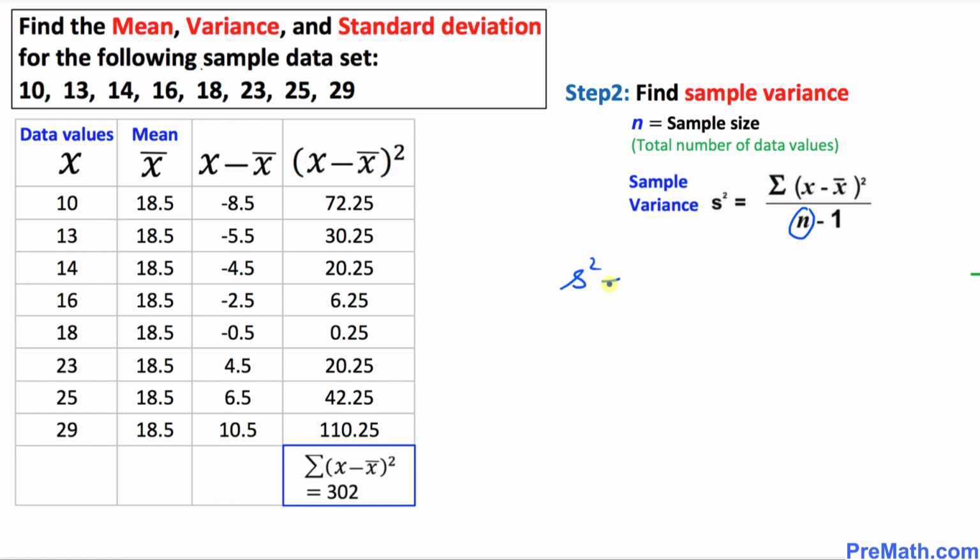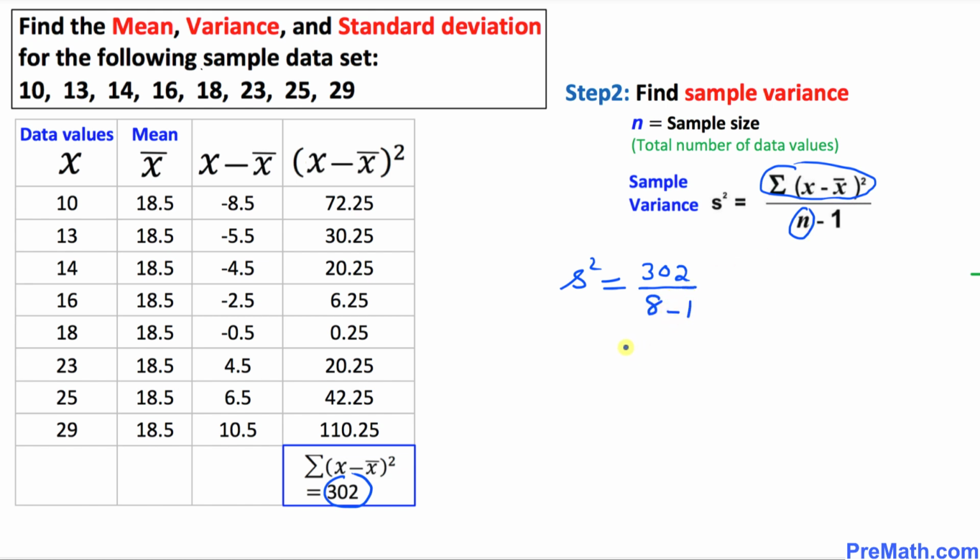S squared equal to, in our case, sigma of x minus x bar squared is 302, divided by, in our case, n is 8 and then minus 1.